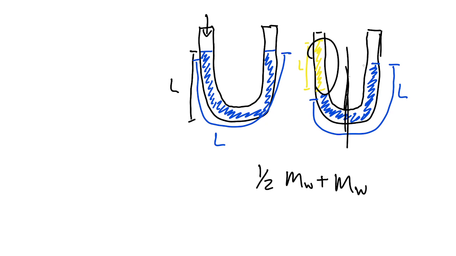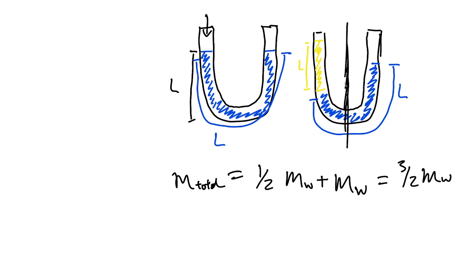It's going to be the mass of this oil plus the mass of all this water, right? And so that means that the total mass that we have in the system is going to be equal to 3 over 2 times the mass of water, right? We know that both of these sides are going to have the same amount of mass to be in equilibrium.